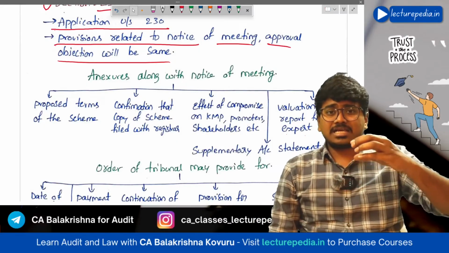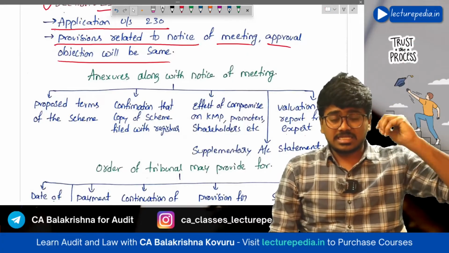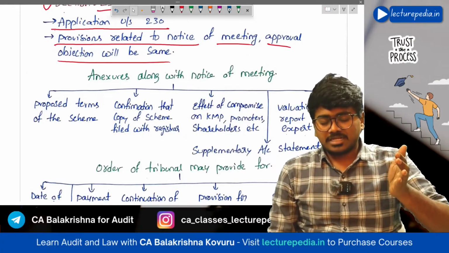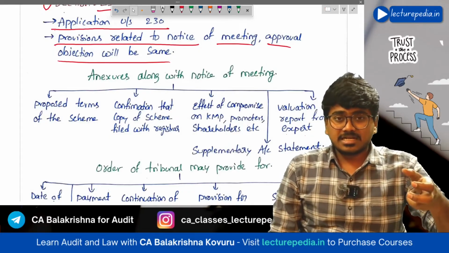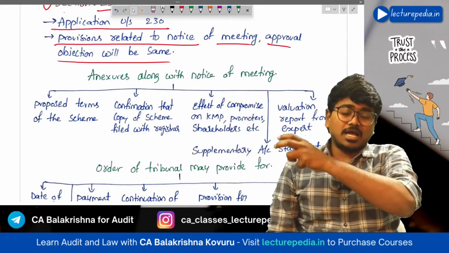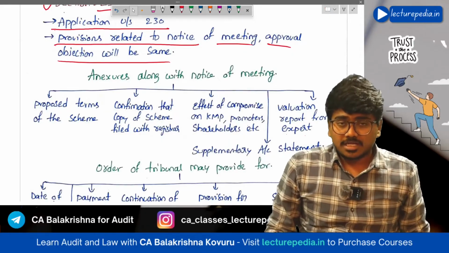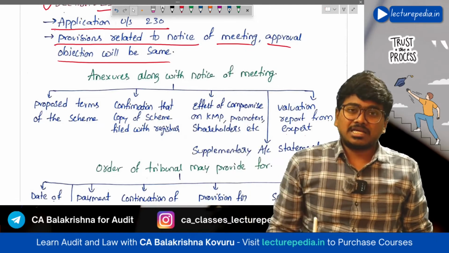Those annexures you give in section 230. If the notice of meeting is related to discussion of amalgamation or merger, then along with that notice of meeting you have to give the following annexures.